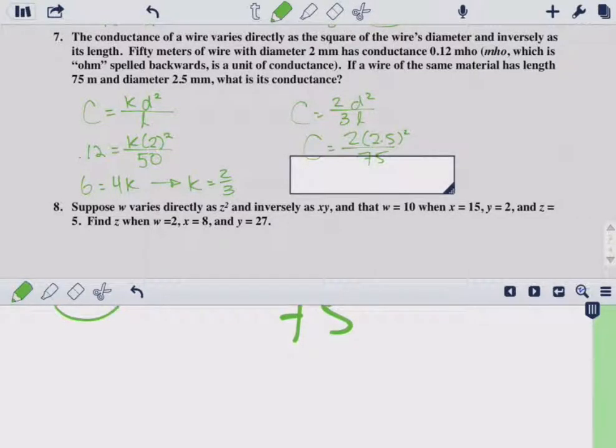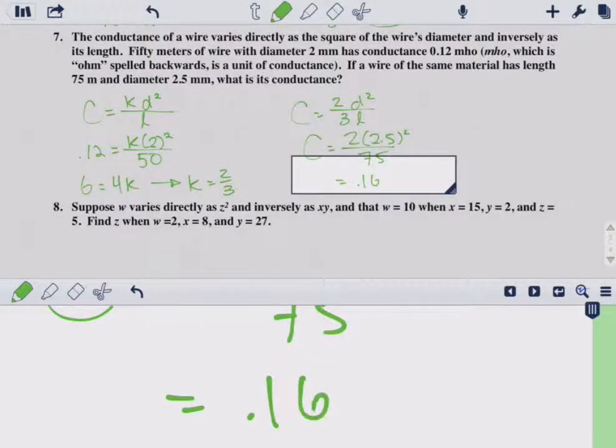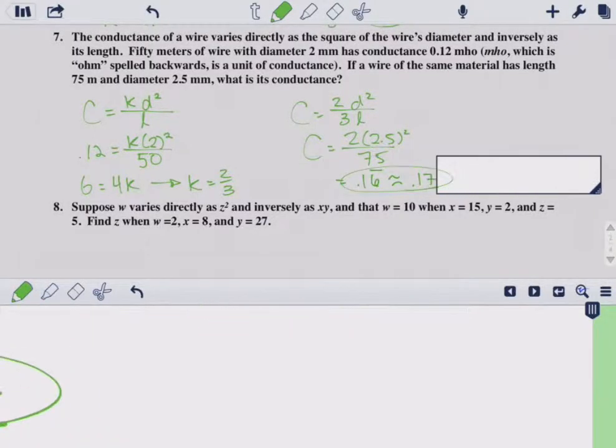Let's solve this out. 2 times 2.5 squared, so 2.5 squared equals 6.25, times 2 is equal to 12.5, divided by 75 equals 0.16 repeating. Or that's approximately equal to 0.17. So either of those is fine.